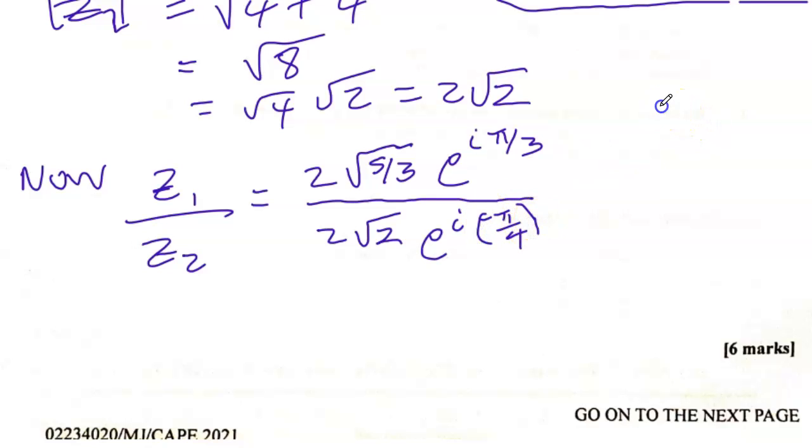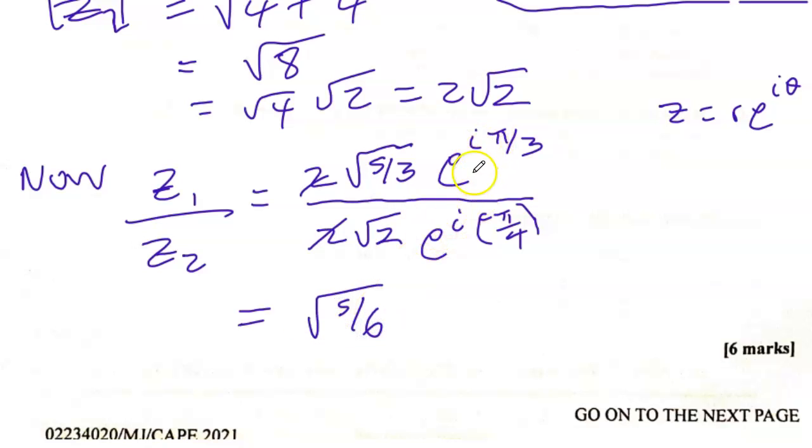Right, so recall that the exponential form is r e to the i theta. We have r for each number and we have theta for each number. So let's do the division now. 2 into itself, that's 1, and root 5 over 3 divided by root 2 would be root 5 over 6.